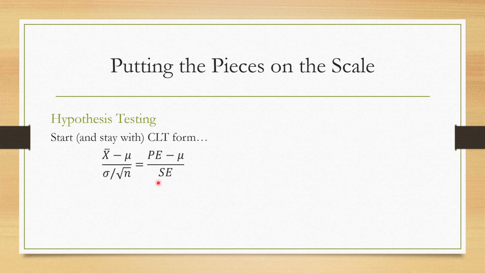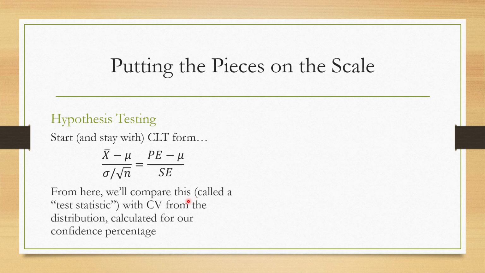So this first value, x bar minus mu divided by sigma over the square root of n, this first expression is sometimes called the test statistic. That is, what does our data value look like when it's put on the scale of the standard normal distribution?